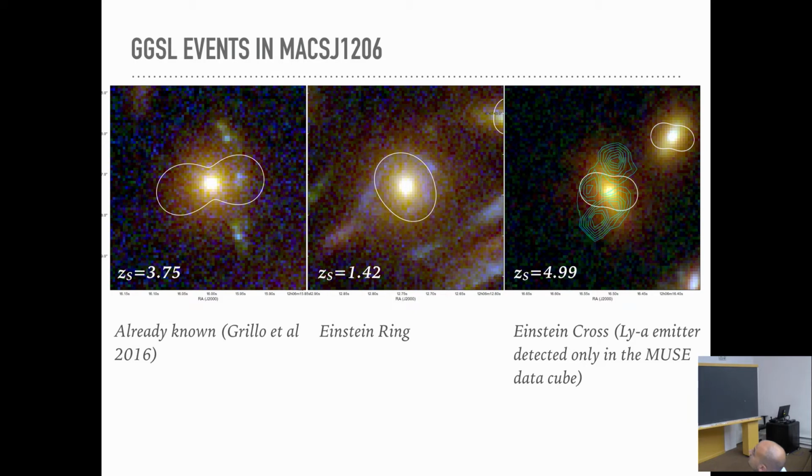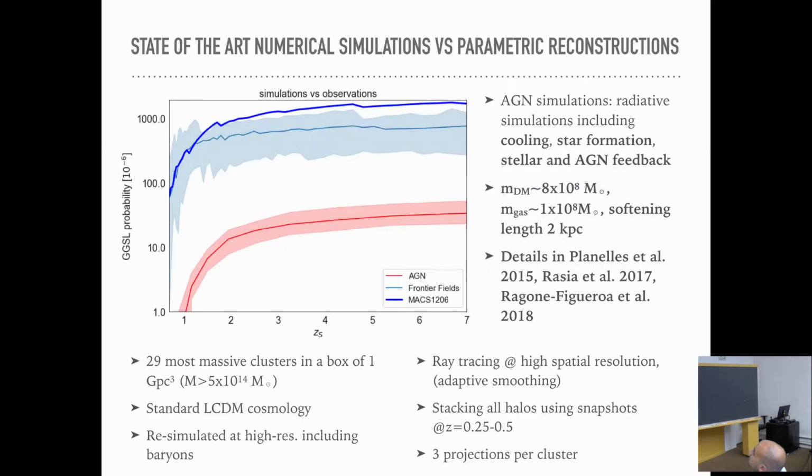Okay. All right. So what happens if we compare this probability for galaxy strong lensing events to what we see in numerical simulations? I showed you already visually that there is some tension. Now we can apply exactly the same method to measure the probability, both on the data and on the simulations. And you see here a plot showing the difference.